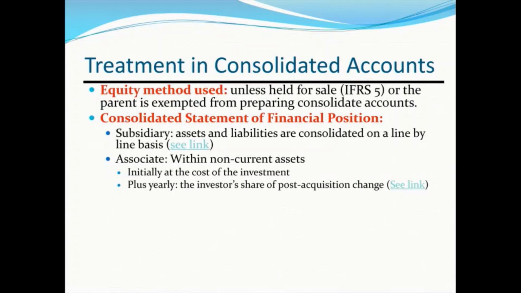The equity method is a method of accounting whereby the investment is initially recorded at cost and adjusted thereafter for the post-acquisition change in the investor's share of net assets of the associate, and it also takes into account the investor's share of the profit of the associate when we come to the statement of profit or loss.